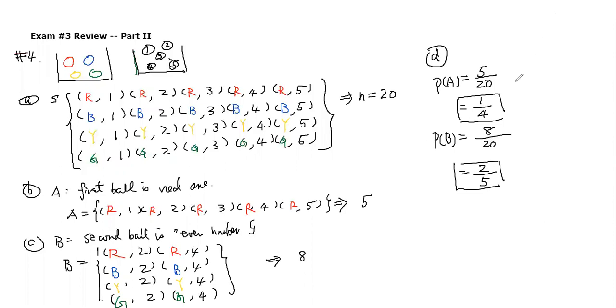straightforward. Okay, now let's take a look at the next one, problem number 5 here. For this type of problem, they give you two events, right?